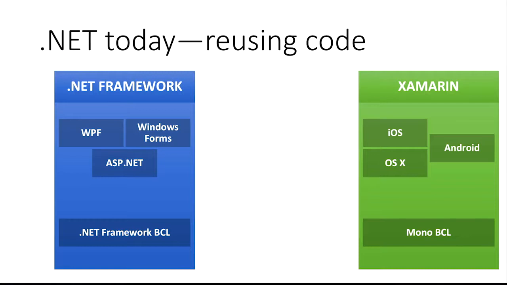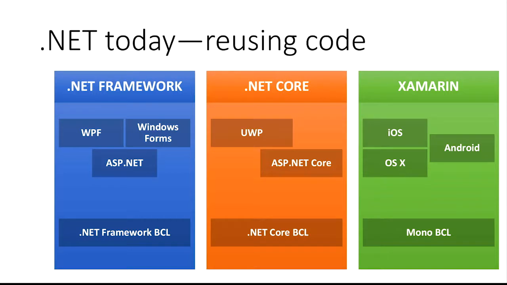There are different front ends targeting different mobile presentation frameworks, and you've got a different base class library running there. And then finally, we've got .NET Core, so you've got UWP and ASP.NET Core running on the .NET Core framework. So we've actually got 3 different base class libraries that you've got to be aware of.